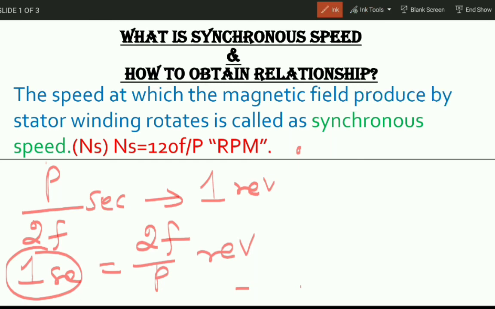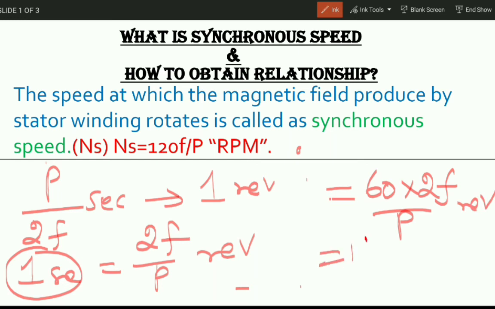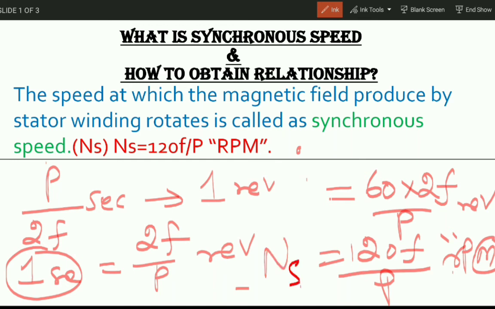For 1 minute, the speed is 60 multiplied by 2f by P revolutions, which is equal to 120 f by P. The revolutions are per minute, that is rpm, because we are multiplying by 60. So this is called synchronous speed.